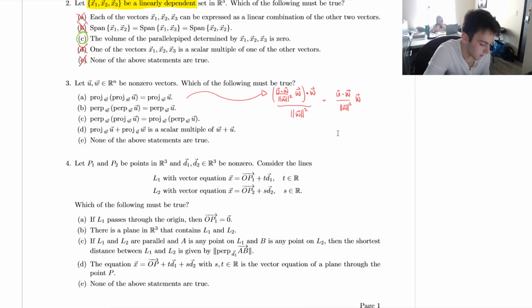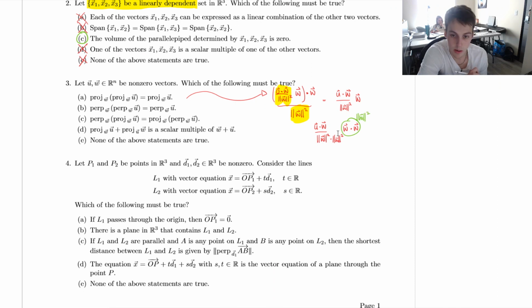We also know that this here is a scalar, and this denominator here is a scalar. So we've got U dotted with W, and this will be the magnitude of W squared times the magnitude of W squared, and this is W dotted with W. We know that W dotted with W is equal to the magnitude squared.